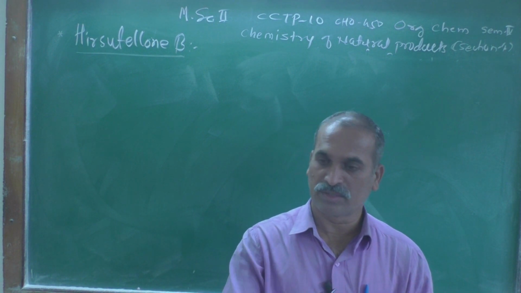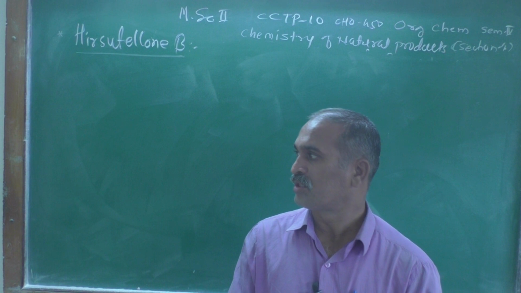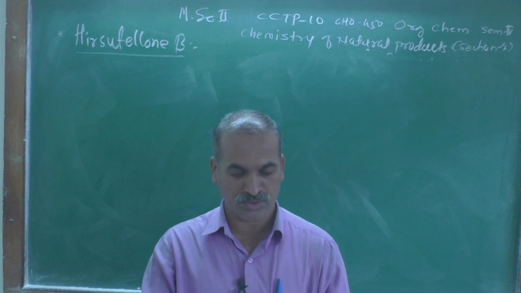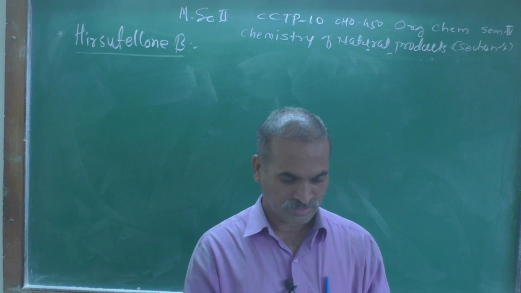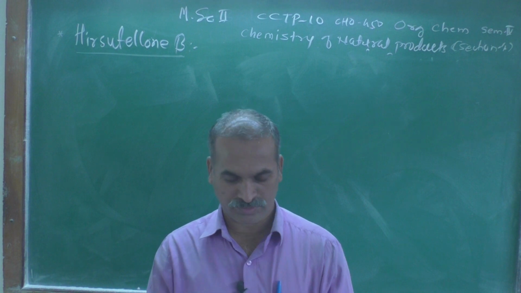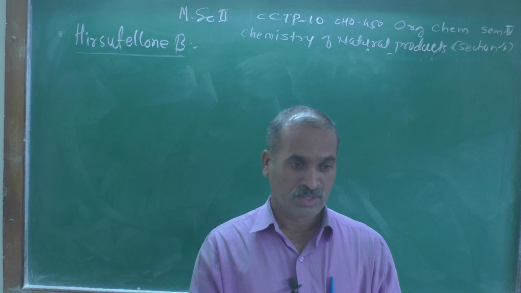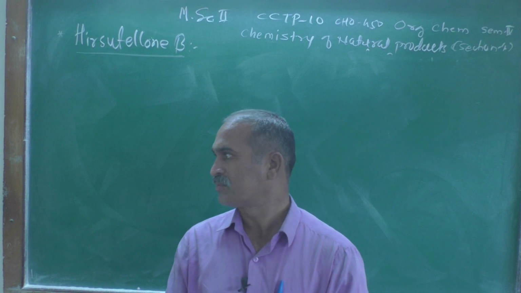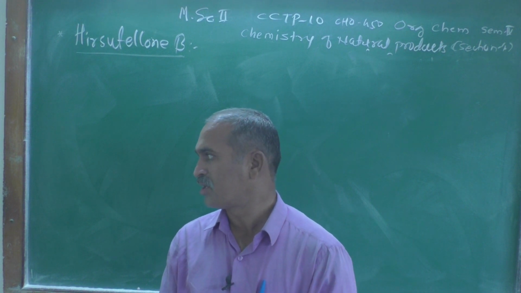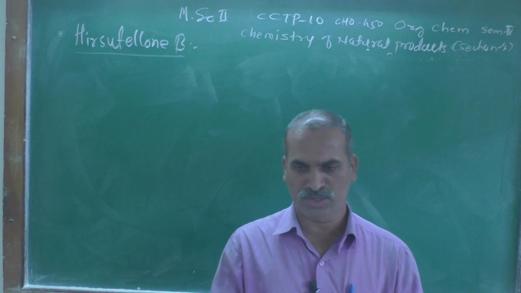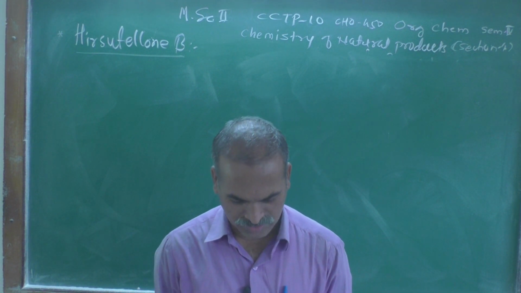These are important terminologies generally used while discussing the disconnection approach, or reagent, and everybody knows the reagent. A compound which reacts to give an intermediate or target molecule itself is known as a reagent.